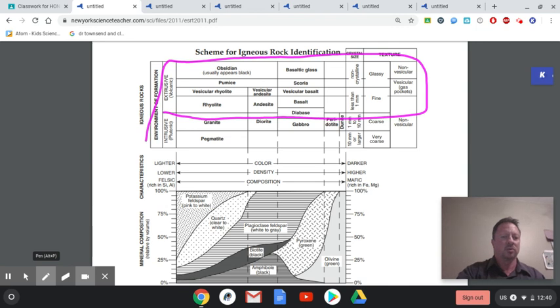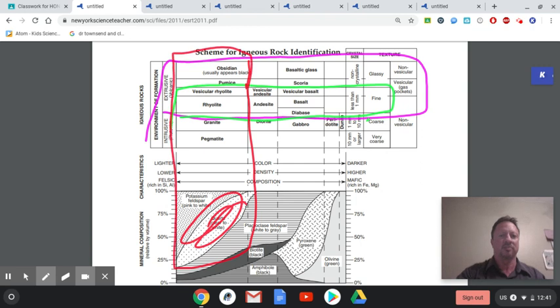And we're looking for fine-grained, which is now in the green box. And then they're also saying contains quartz. Now, where's my quartz? Quartz is over here. So I'm looking for a fine-grained rock on this side because only these rocks have quartz in them. So what rocks are in all 3 boxes, the green, the purple, and the red?